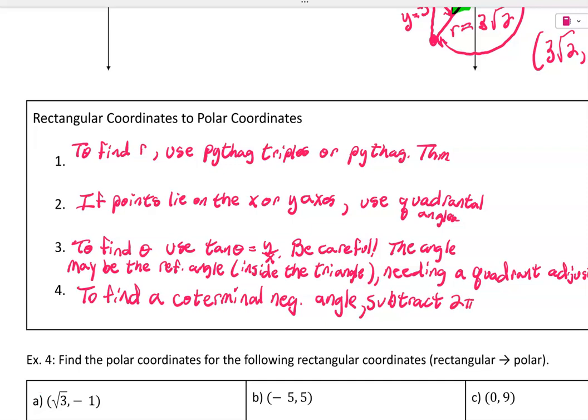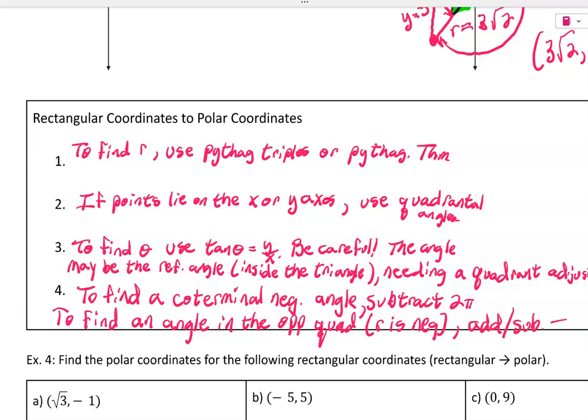And finally, to find an angle in the opposite quadrant, that means r is negative, add or subtract pi. Okay?